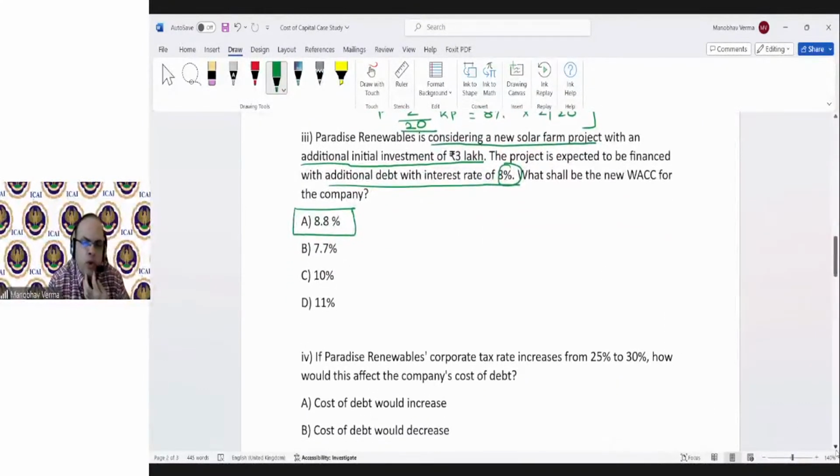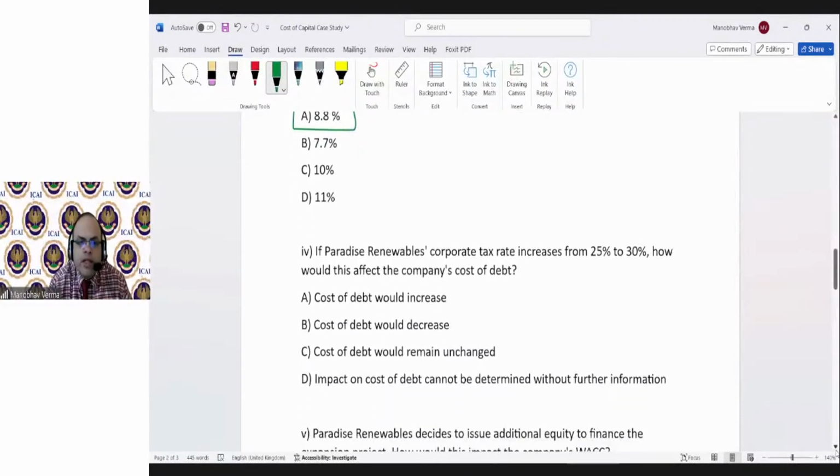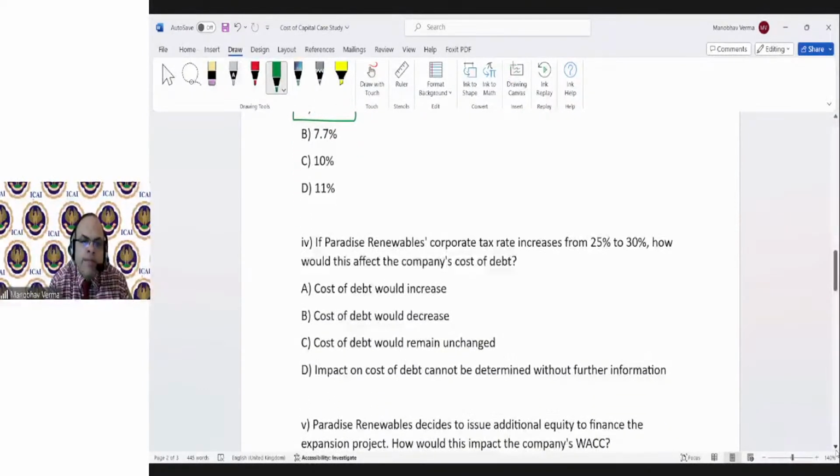If Paradise Renewables' corporate tax rate increases from 25% to 30%, how would this affect the company's cost of debt, guys? Let's say your responses now.